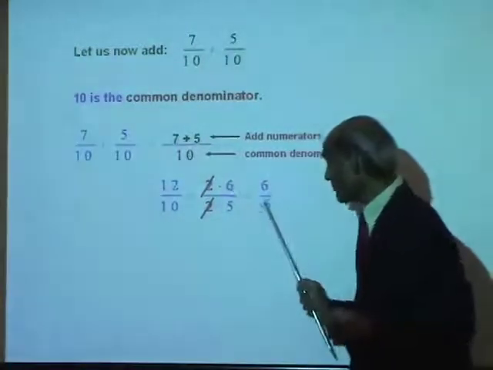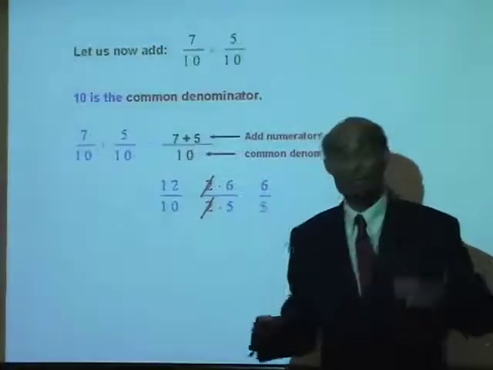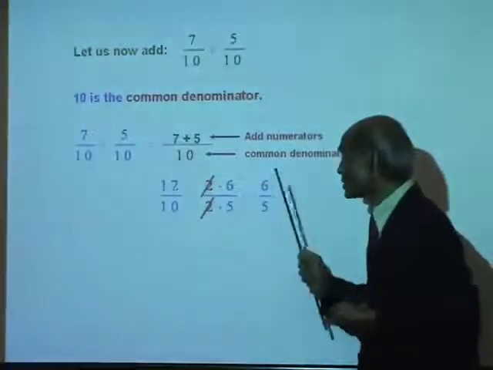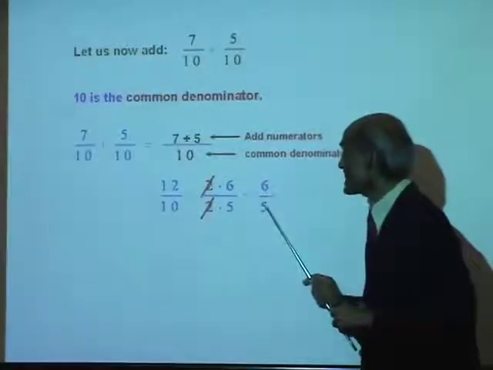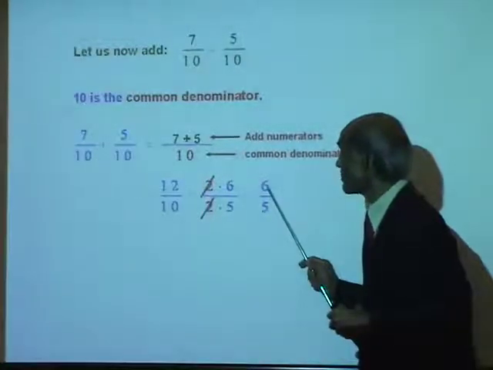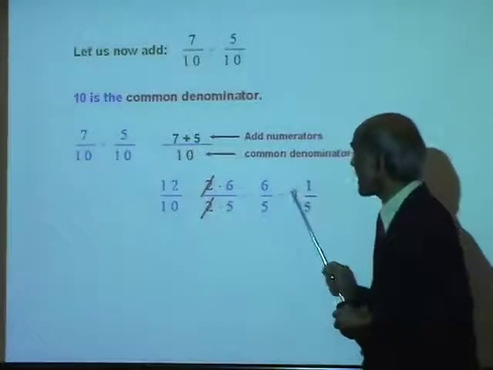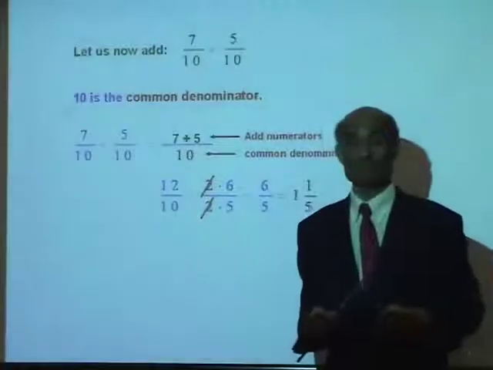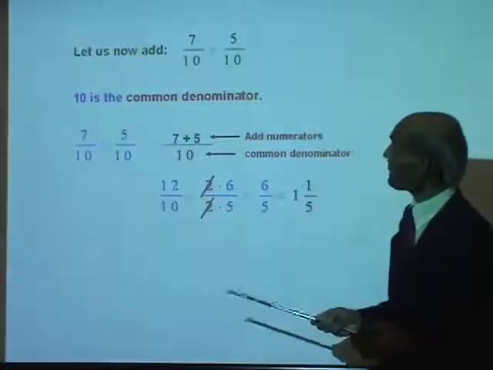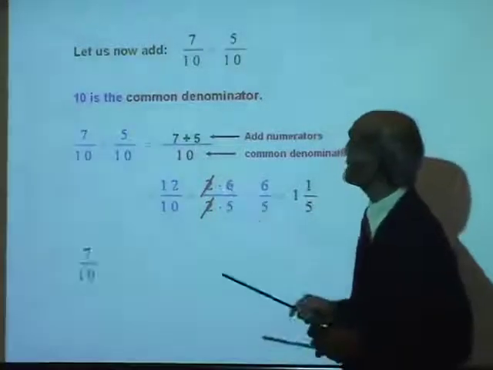Well, 6 over 5 is an improper fraction. We write that using mixed numbers. How would that be? You can take 1 five out of 6 and remains 1. It'll be 1 and 1 out of 5. Okay, I want you to practice this many, many times.